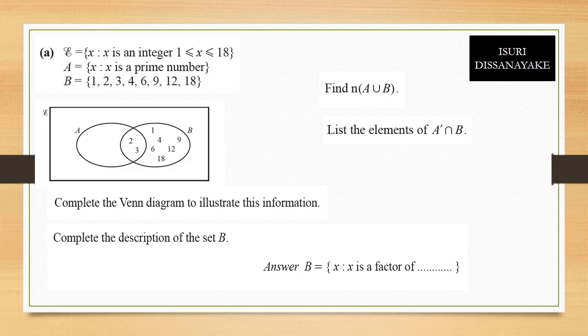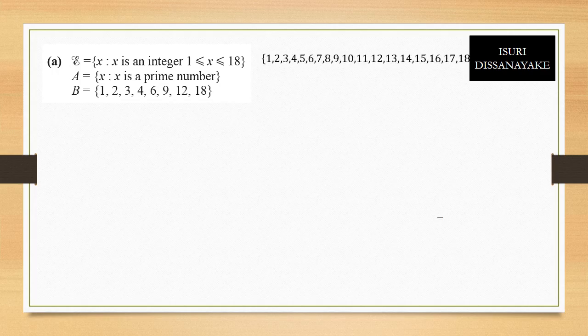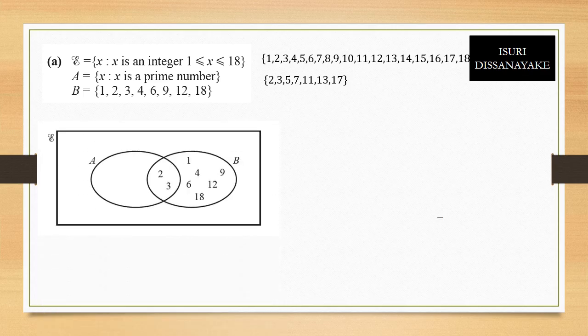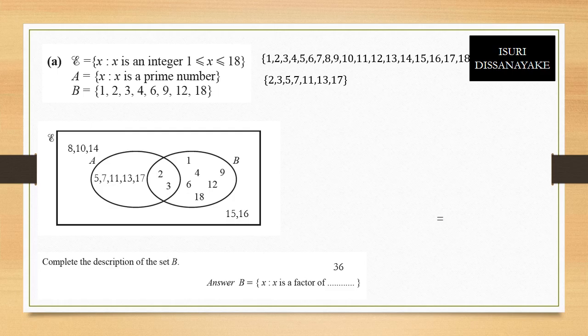Try the question. Here I have listed the elements of the universal set, and here I have the elements of set A, and I'm going to fill the Venn diagram. You can do this. And the answer for the first one is that it's the factors of 36. So the elements of B are the factors of 36.